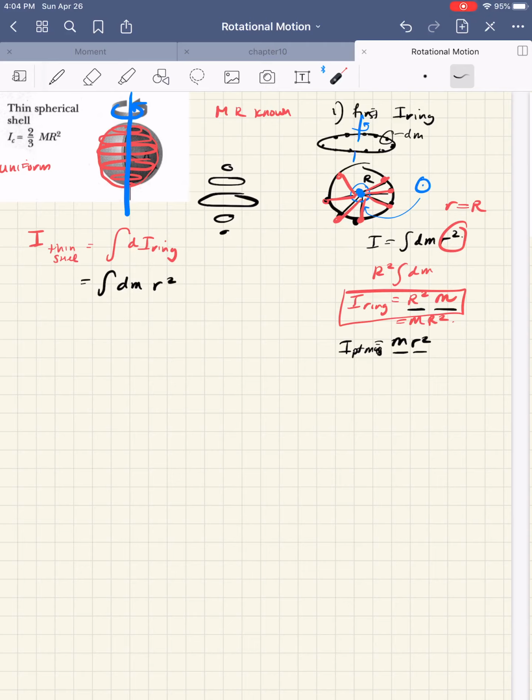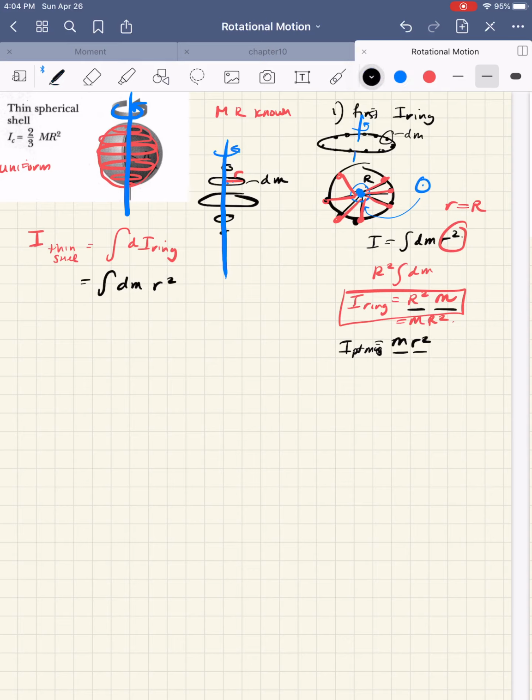Okay, sorry. So this is the moment of inertia of a ring of infinitesimal dm. So each one of these rings has an infinitesimal mass, and each one of these rings has a radius of r. So this happens to also be the distance away from the axis of rotation for every point mass on the ring. So here's my axis of rotation.